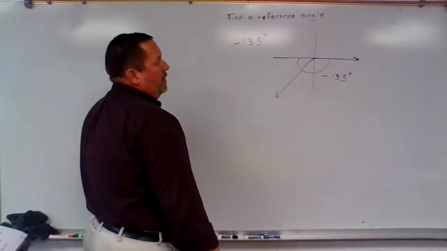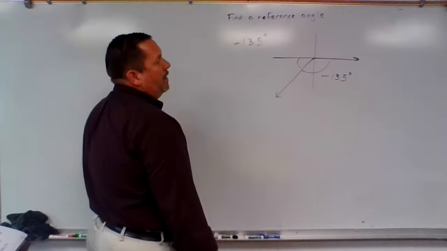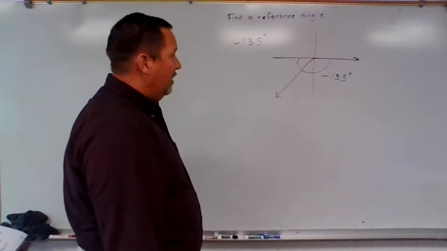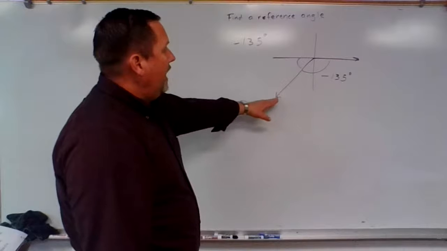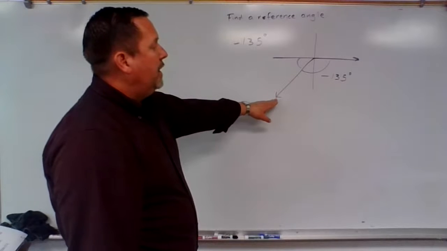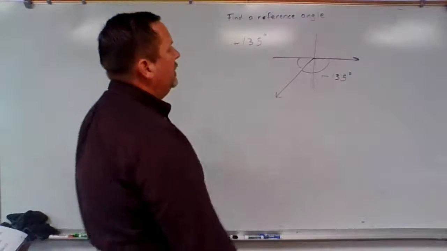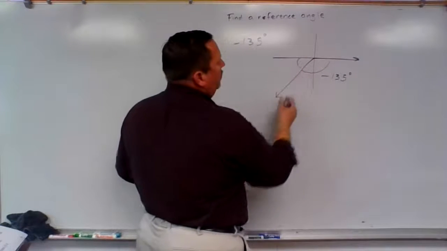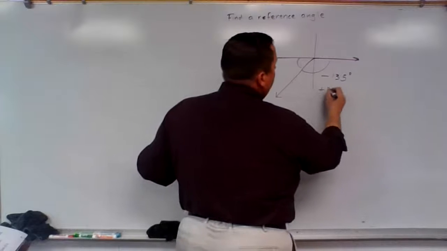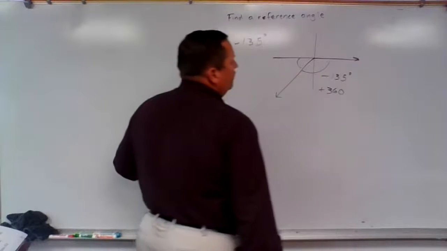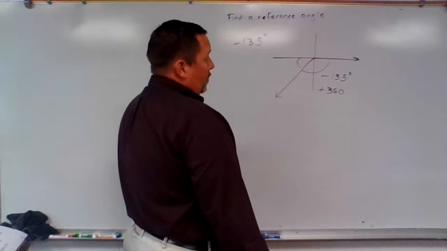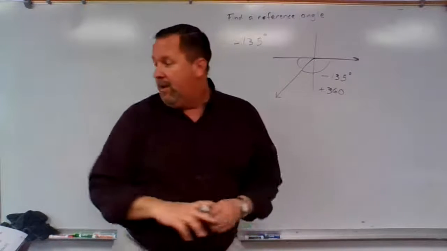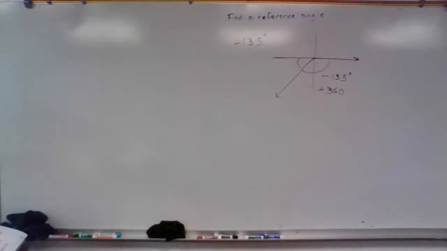And so how do I find that? Well, one way might be to find a coterminal angle. Another angle that ends right here, but isn't negative 135 degrees. Let's add 360. Let's add a full loop around. And when I add 360 to negative 135, oh goodness, no, I'm not going to do math in my head real quick.